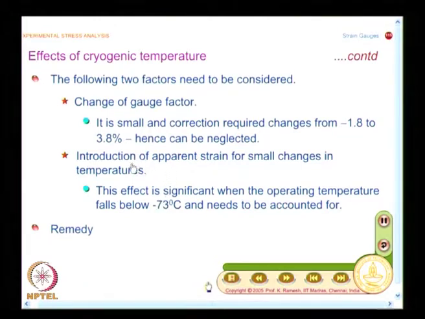So, you will have an introduction of apparent strain for small changes in temperatures. So, there is a limit up to minus 73 degree centigrade you can do one type of measurement, but below minus 73 degree centigrade a small change in temperature introduces large value of apparent strain. And how to go about, how to remedy this? People have found a very innovative way of doing it.